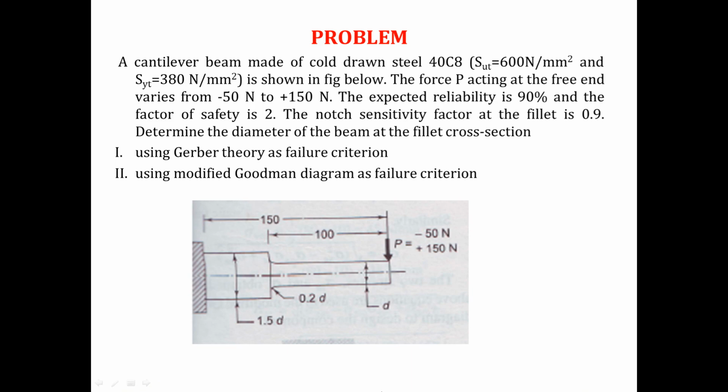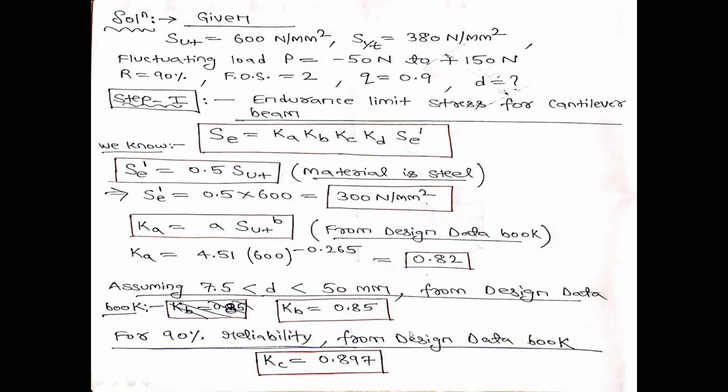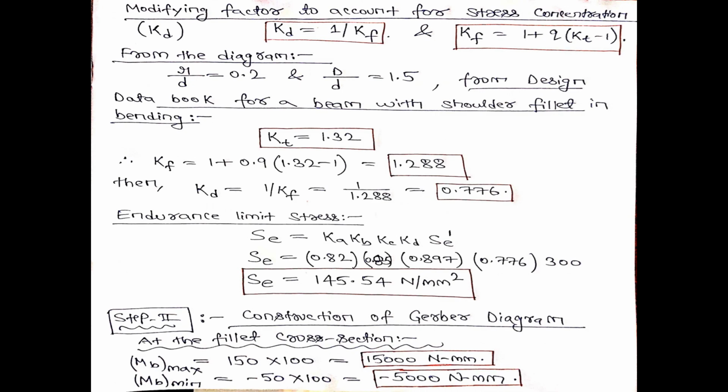And the maximum bending moment at the fillet cross section will be plus 150 into 100, that is MB max, 15,000 Newton millimeter. Is it clear? Minimum bending moment, maximum bending moment, any doubt till here? No doubt, sir.